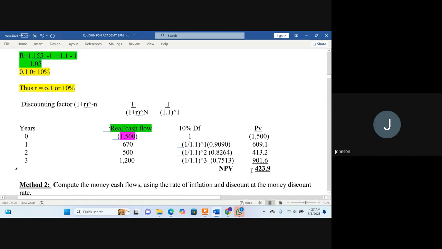So at the end of the day, when you add everything together, you say 609.1 plus 413.2 plus 901.6. Then you subtract it from this amount. The answer you're going to get is 423.9. Are we together?